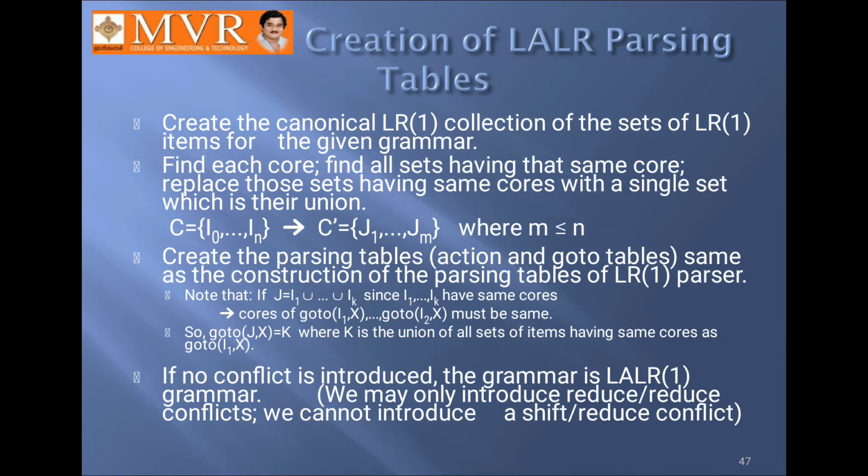If goto[I_i, A] = I_j, it maps state i and nonterminal A to state j.